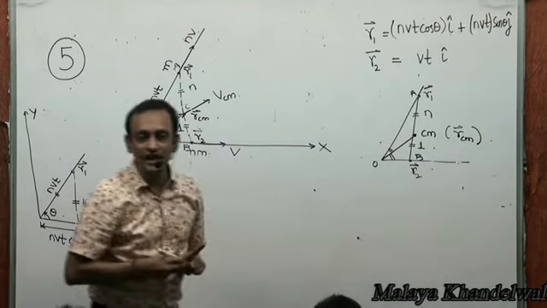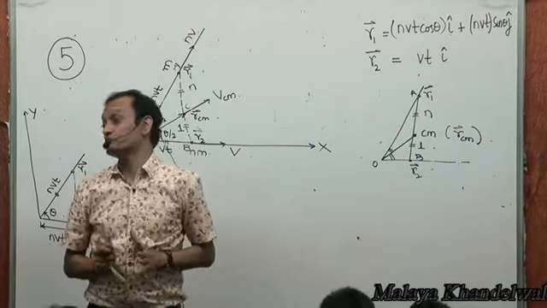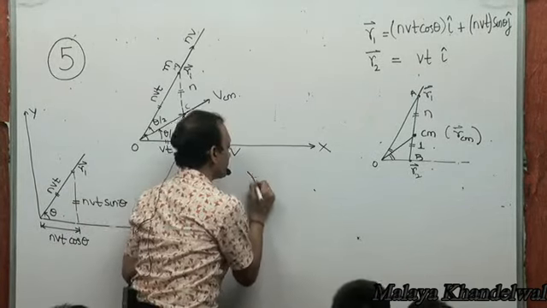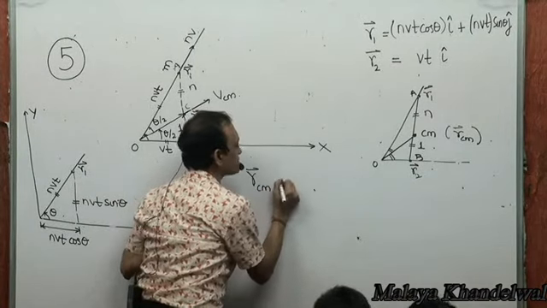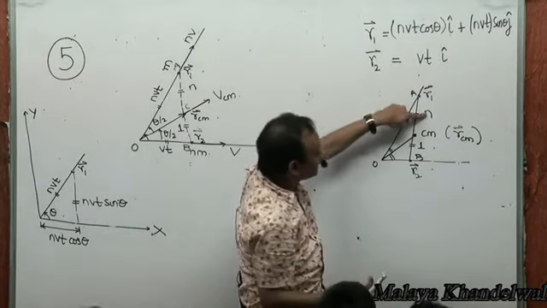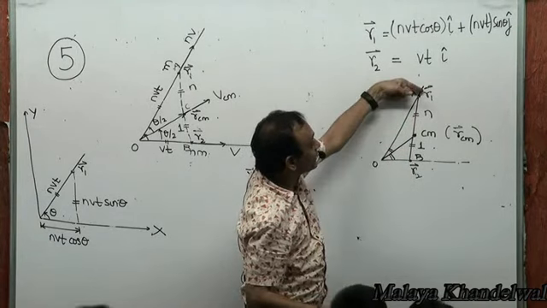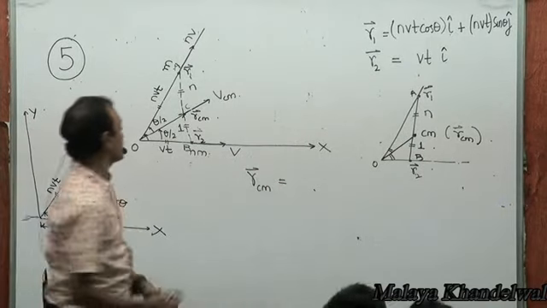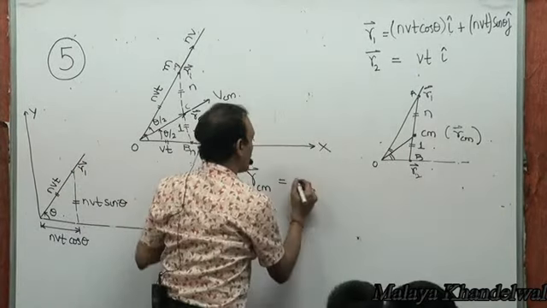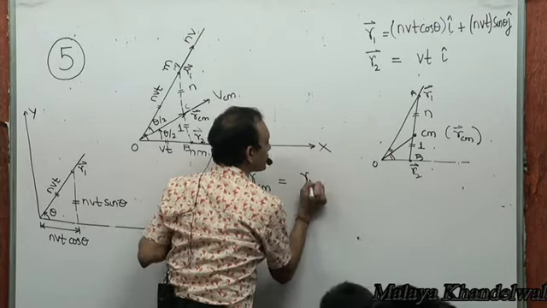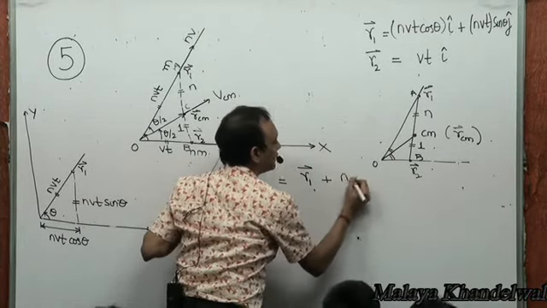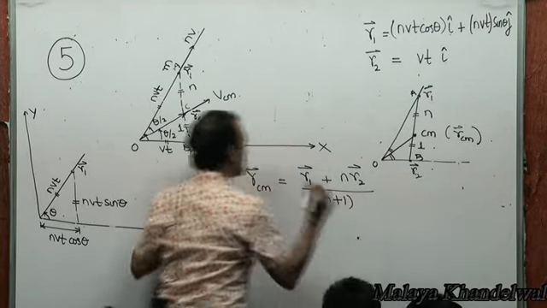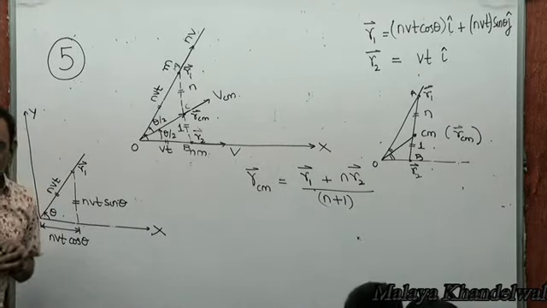Then from the section formula, which applies to position vectors as well, the position vector of the center of mass is going to be (n into r2 plus 1 into r1) by (n plus 1). That's going to be the position vector of the center of mass, yes or no? Clear?